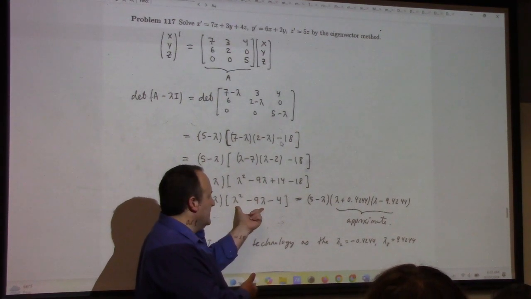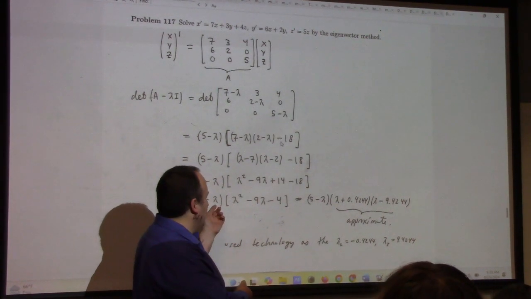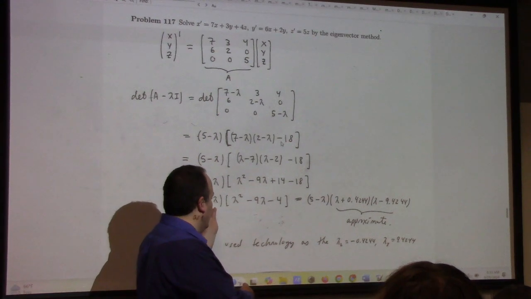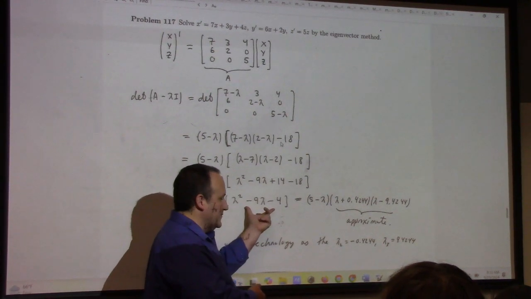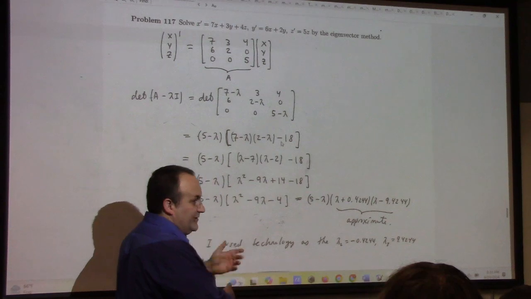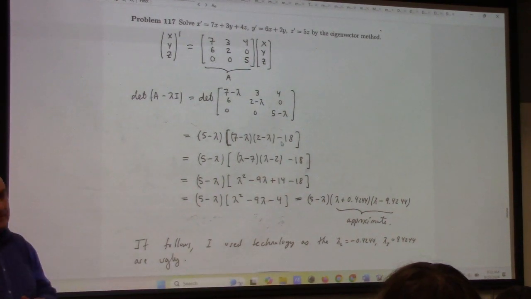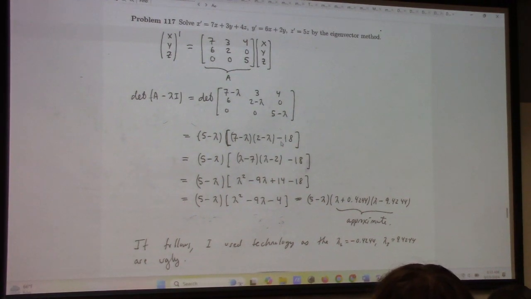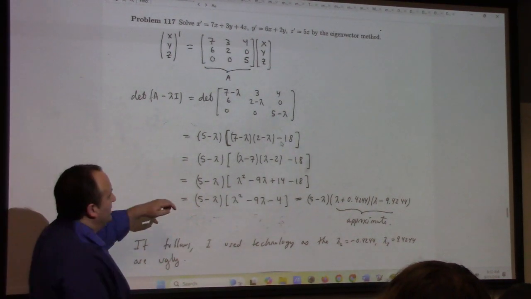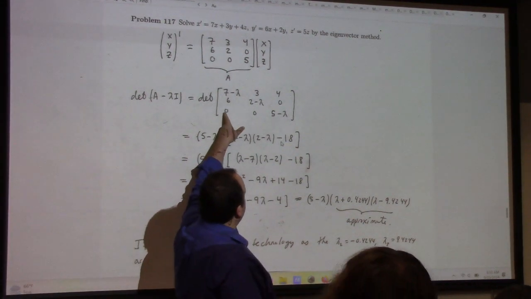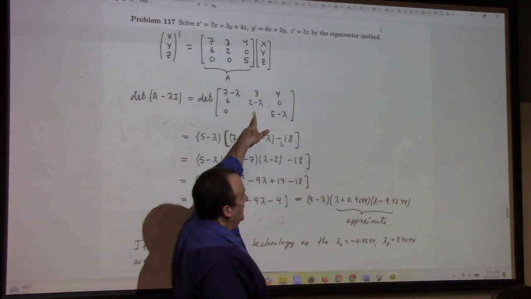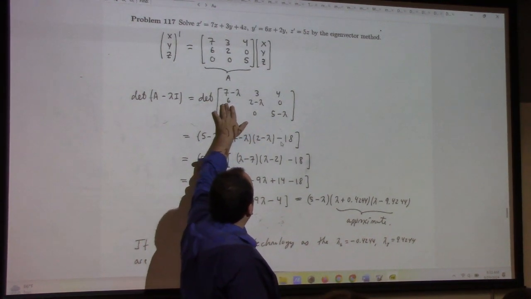But if I do put a 3x3 on the test, it should either have one nice real one and one nice complex one, or three real ones that are reasonable. And it may be that there's something nice about the 3x3 matrix which makes it easy to calculate. This one, for example, is very easy to calculate the characteristic equation because you notice the 0 down here? That makes it so there's a property of determinants.